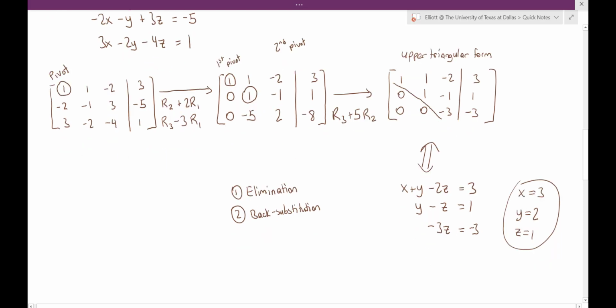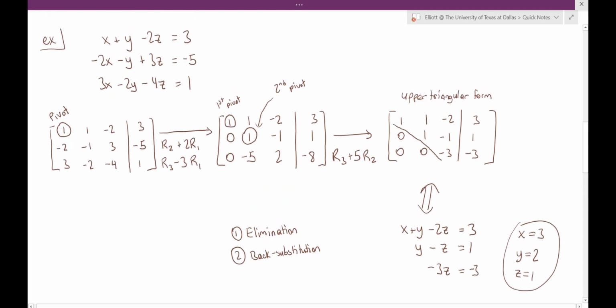And so in general, the pivots are the entries that you have on the diagonal that you end up using to eliminate everything beneath it. Now, the numbers that we multiply the pivot by in order to eliminate, those are called the multipliers.